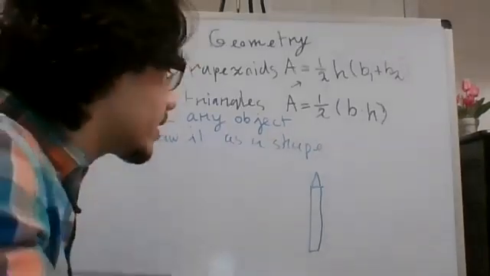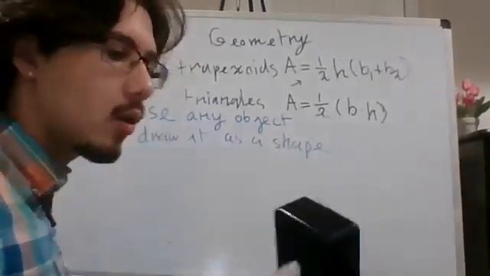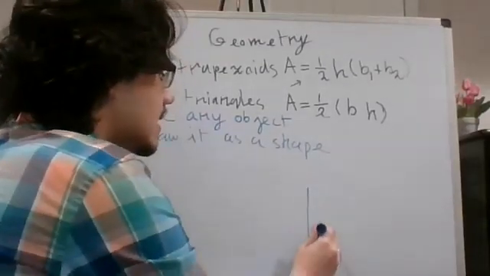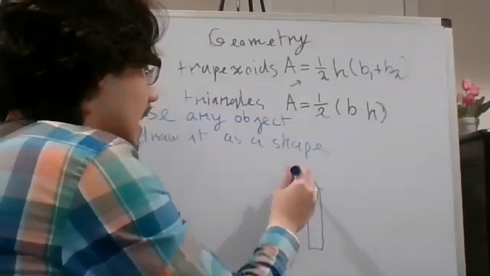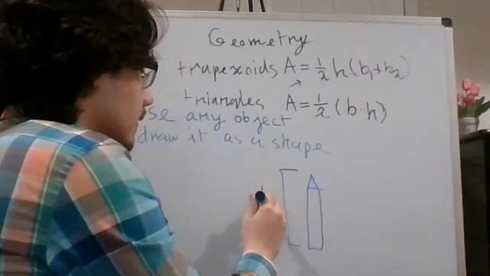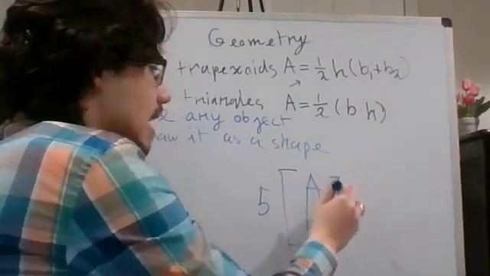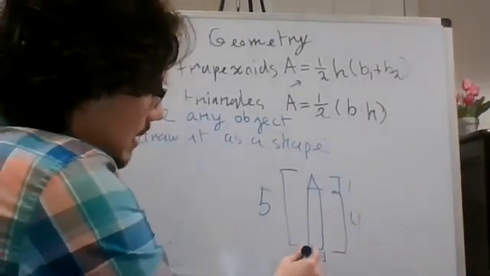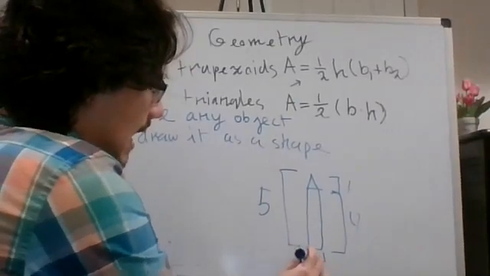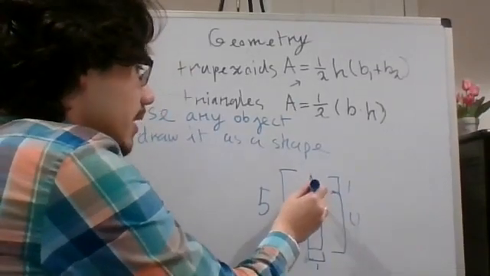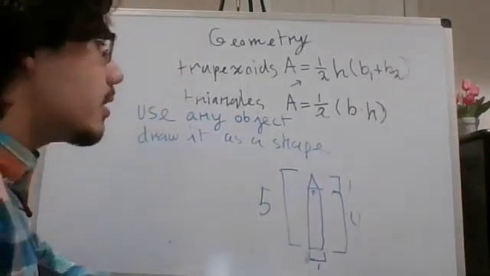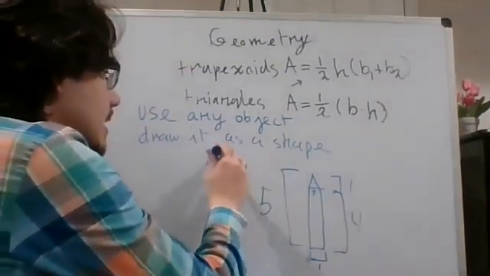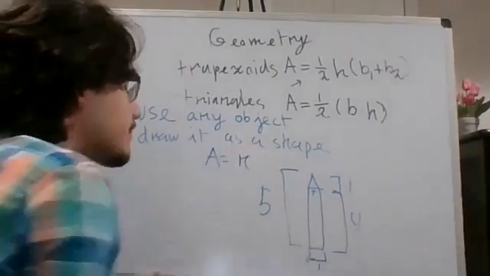So you can choose whatever you want, as long as it's not all ones or something like that. So let's say our pencil had a height of 5, the height of this triangle on top was 1, and the height of this rectangle is 4. You can say that the base of this pencil has a length of 1, and so does this triangle. So you can use whatever measurements you want on this shape to say that the amount of area it takes up is a certain amount.